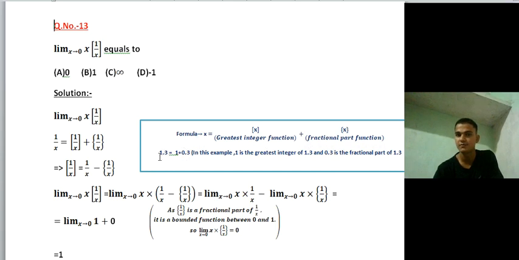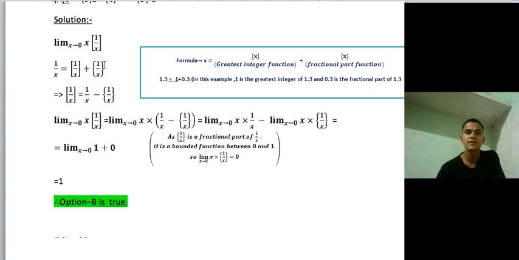So you can write 1 by x is equal to the greatest integer function of 1 by x plus the fractional part function of 1 by x.